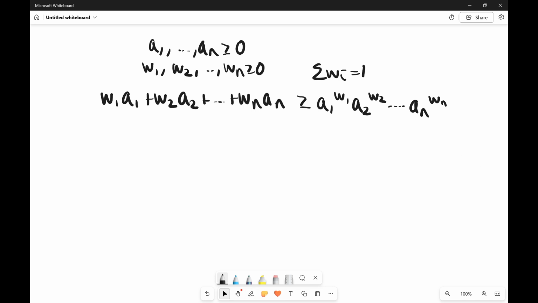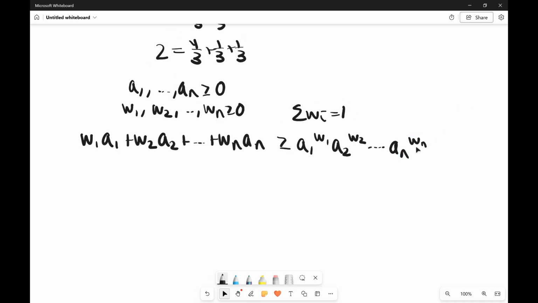And this is the weighted AM-GM inequality. And if w1 is equal to w2 and so on and so forth, we get our standard AM-GM inequality.